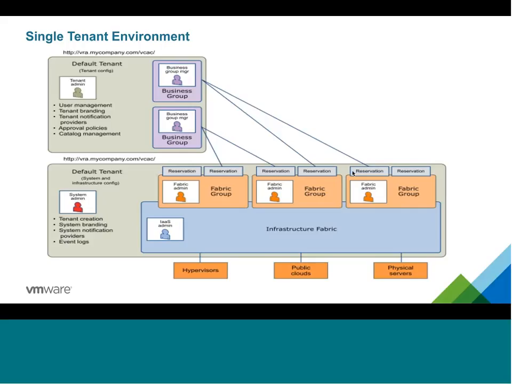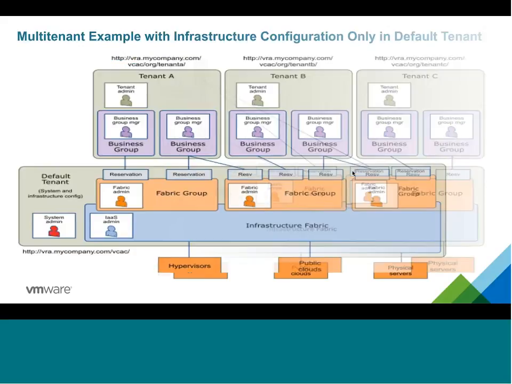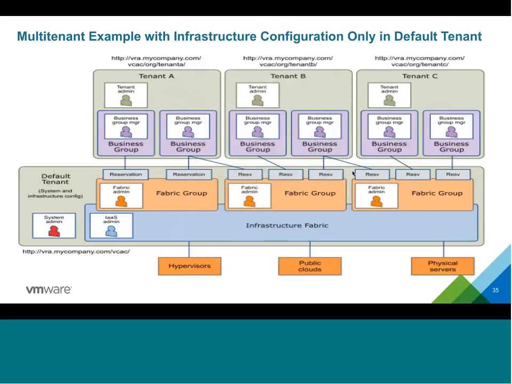What if we have a multi-tenant environment, but the infrastructure configuration is done by the default tenant only? Why would they do that, or where would we do that? Typically in an organization, say the backend infrastructure is managed by the infra team, but you have multiple departments who act as multiple tenants for you.